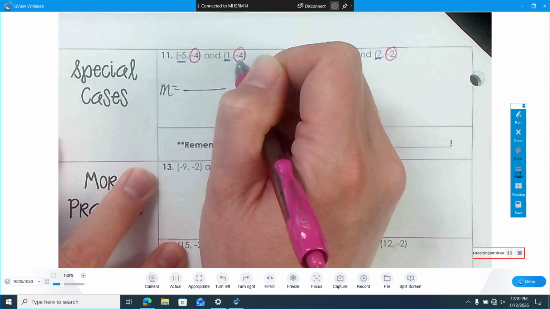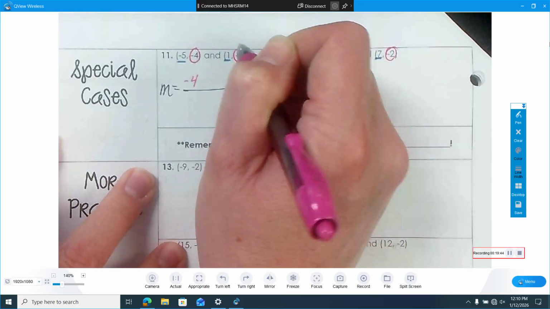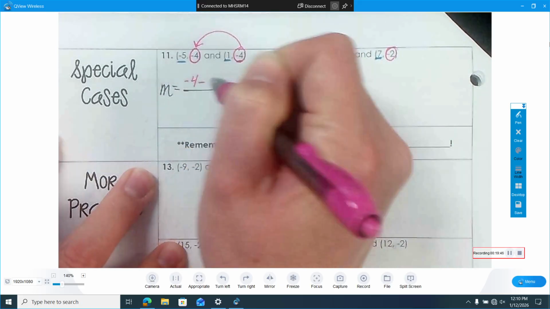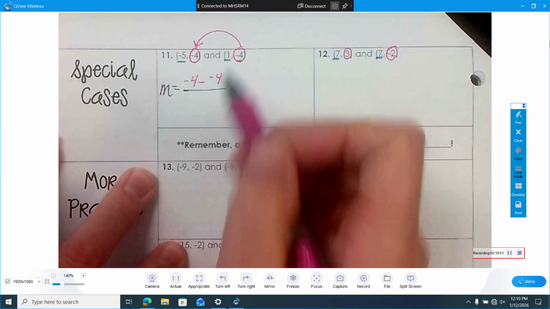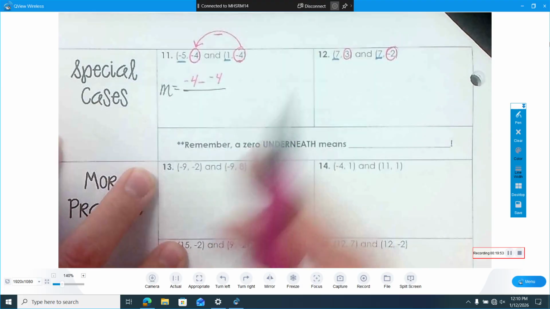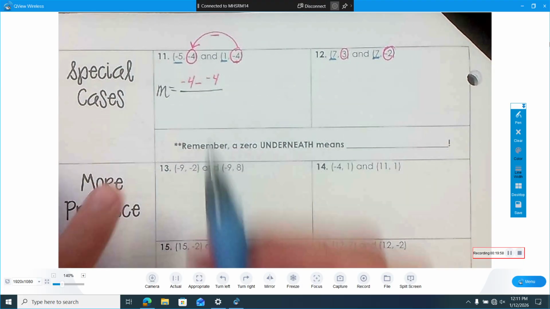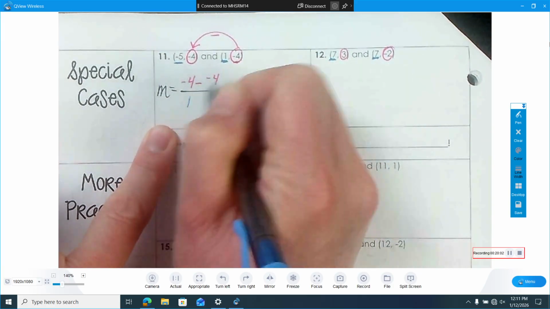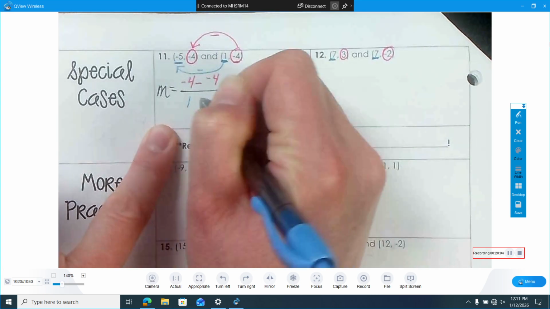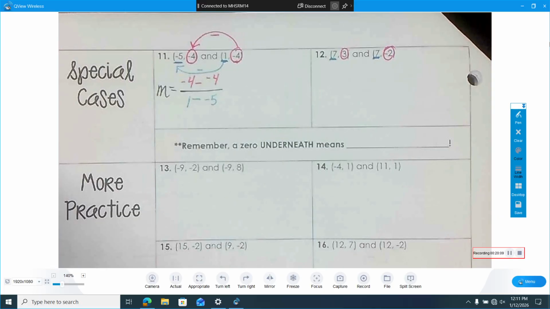So I'm starting with the negative 4 on the right-hand side here, and I'm subtracting the negative 4. That's what my little arrow's telling me. It's a subtract there. And then, again, starting from the right point, I'm starting with my 1, and I'm subtracting the negative 5. So my little arrow is really subtract.